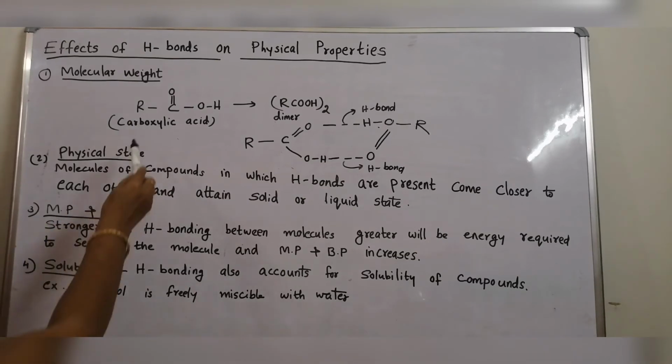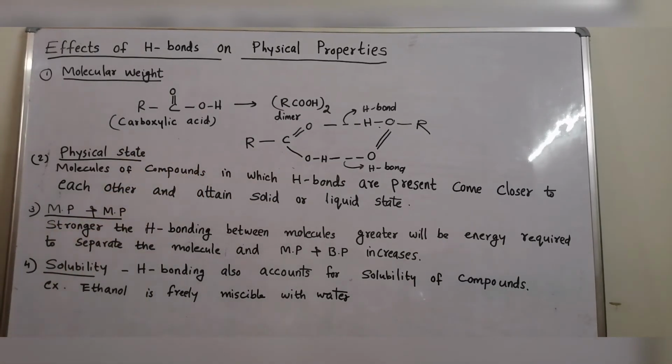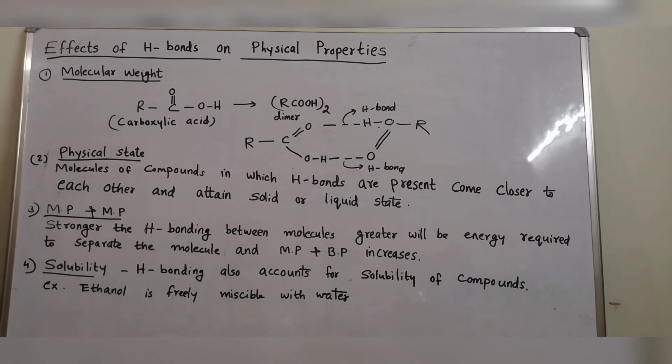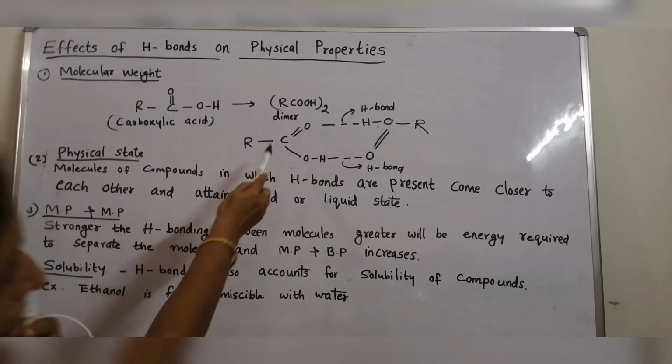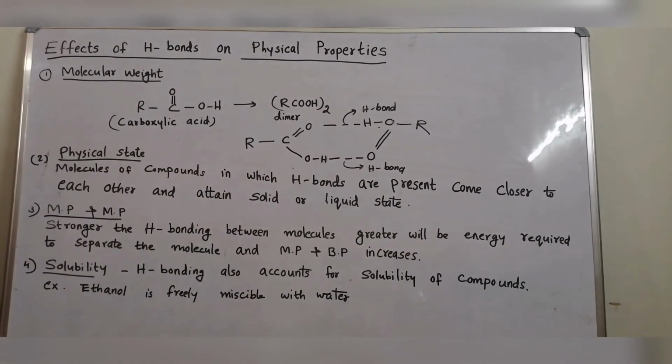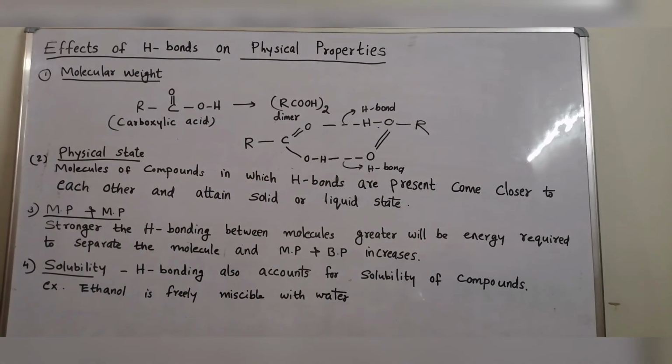For example, in carboxylic acids, two molecules of carboxylic acid associate through hydrogen bonds and form a dimer. So the experimentally determined molecular weight of carboxylic acid is found to be higher than its formula weight.